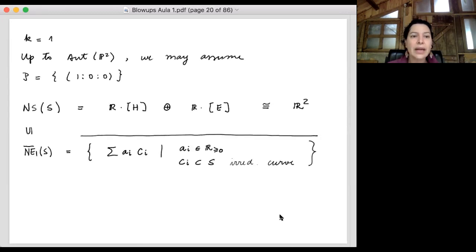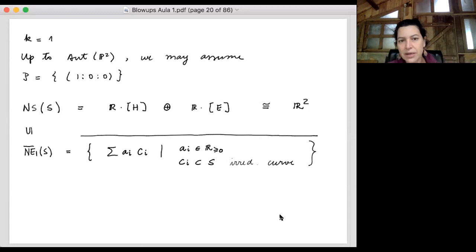And now here I will introduce a new character, which is what we call the cone of curves, or the Mori cone of the surface. As usual, this will be inside the Néron-Severi space. This is defined as the closure of the set of non-negative linear combinations of classes of irreducible curves.